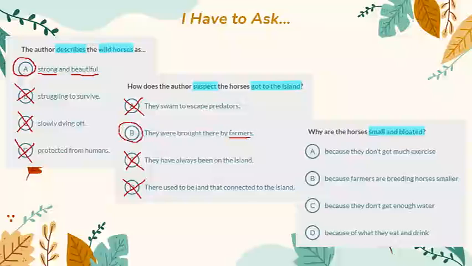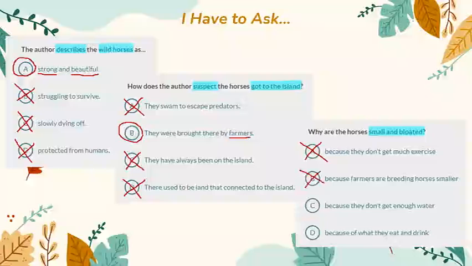Question 3, why are the horses small and bloated? A, because they don't get much exercise. Well, the text did not say anything about a lack of exercise, so I'm going to get rid of A. B, because farmers are breeding horses smaller. Now that means that the horses would be bred smaller on purpose, and it did not say anything about that happening.